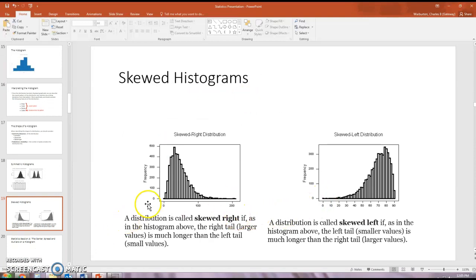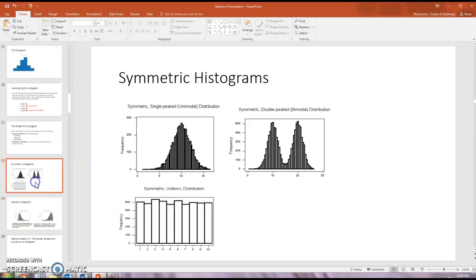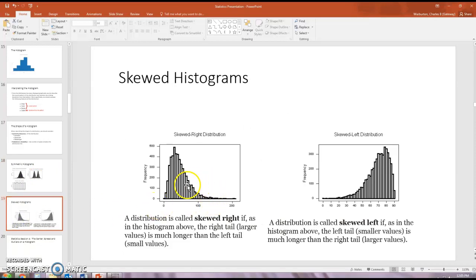Also looking at the shape. Remember, the shape could be either symmetric or skewed. In this case, we have something that's skewed right. Notice that the histogram tails off to the right. If it tails off to the right, it's called skewed right. A distribution is skewed right if the histogram has a right tail that is much longer than the left tail.